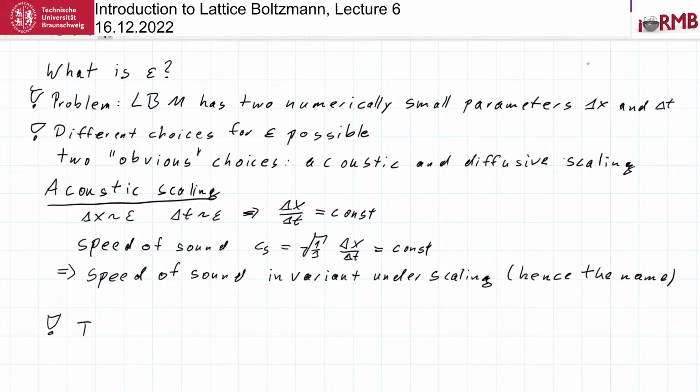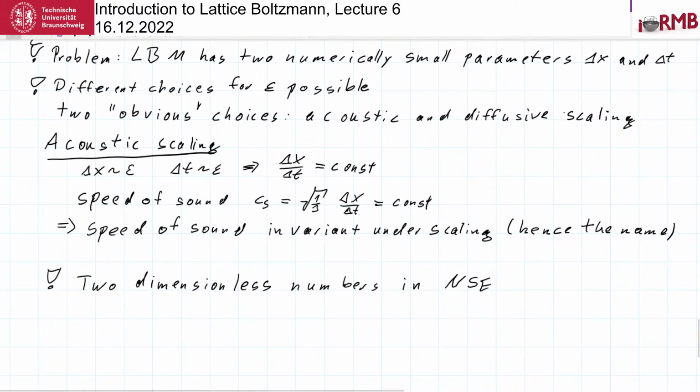In the Navier-Stokes equation, we have two dimensionless parameters. Or you could say, wait a minute, in the Navier-Stokes equation? Okay, what we mean is the compressible Navier-Stokes equation. Yeah? Namely, we have the Mach number, which we only have in the compressible Navier-Stokes equation. So the Mach number is equal to a physical velocity, I write u star for whatever reason, divided by the speed of sound.